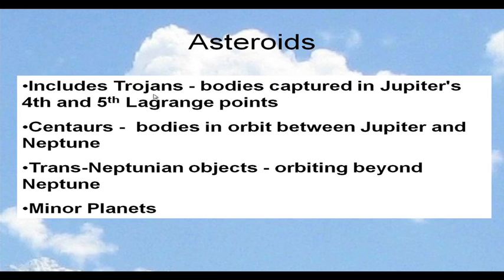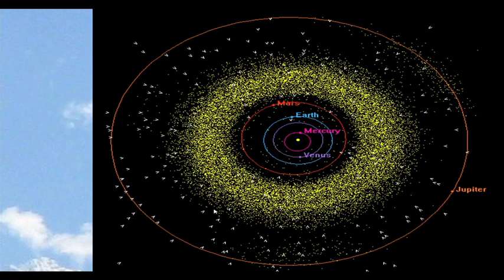So, if you go back to the picture, you will see that in addition to this ring between Jupiter and Mars, you also find a profusion of asteroids here and here, and these asteroids being in circular orbit are co-rotating with Jupiter, and these are the 4th and 5th Lagrange points of the Sun Jupiter system. So, these asteroids have been captured here, they are in stable equilibrium and they co-rotate with Jupiter. Okay, so, these are the Trojan asteroids, very interesting kind of systems.